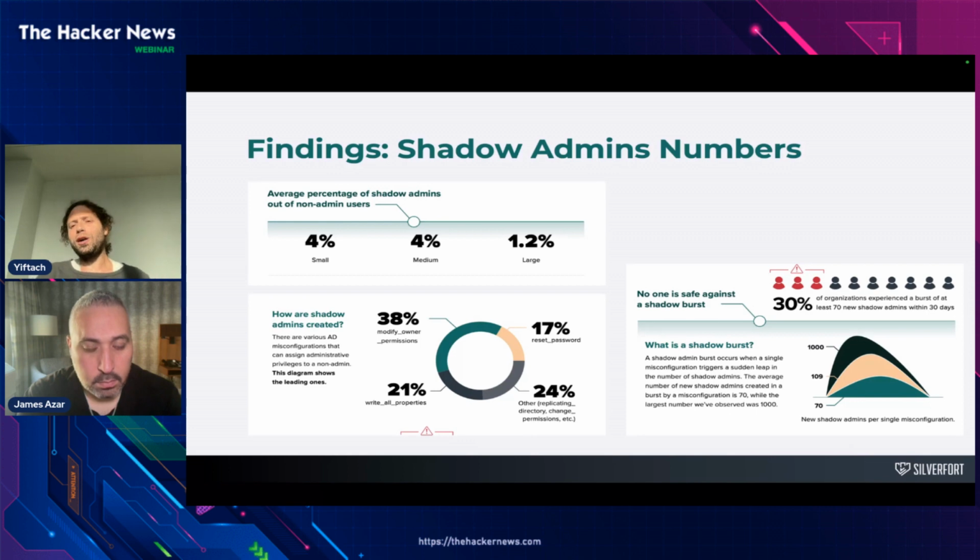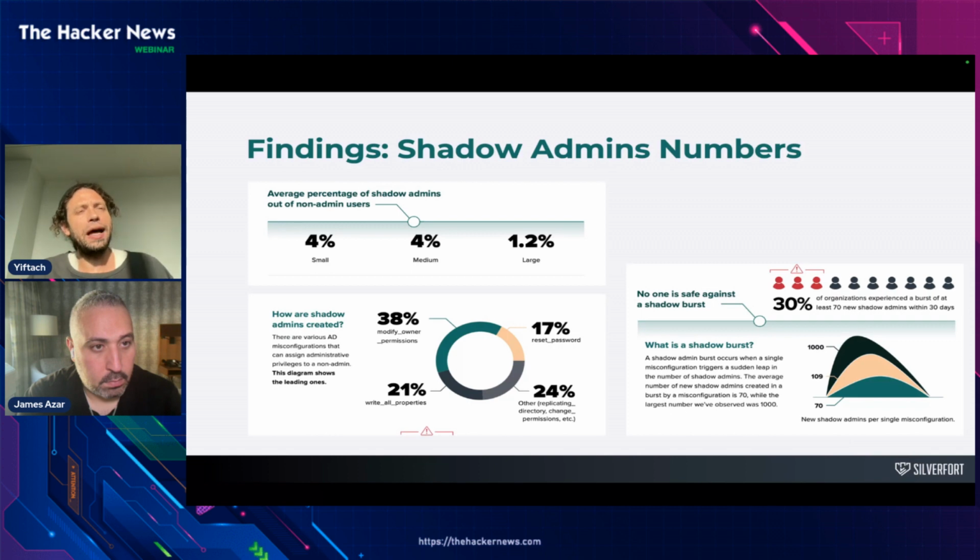We call it a shadow burst. And 30% of organizations will experience a shadow burst within a time frame of 30 days. This shadow burst will introduce between 70 and 1,000 shadow admins.